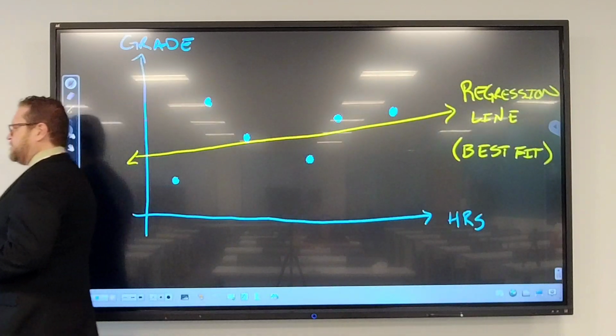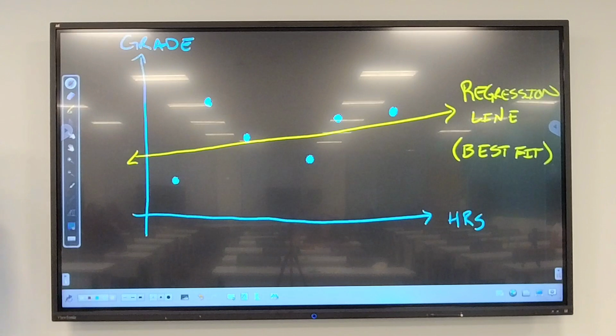I can get a deviation of each one of these points by just measuring how far away that point is from the line. Each data point will have a deviation indicated by this green line.